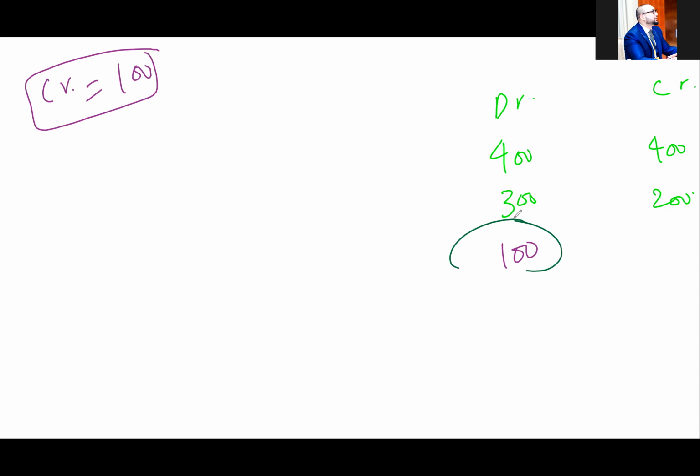It doesn't mean you just remove it and put 100 on the other side. This is not permissible under accounting. Once you have posted, you cannot delete that. So you need to adjust.